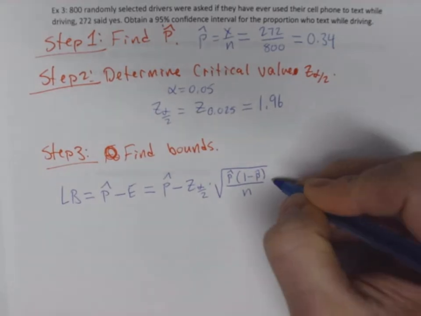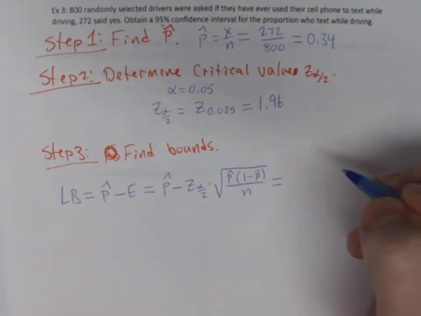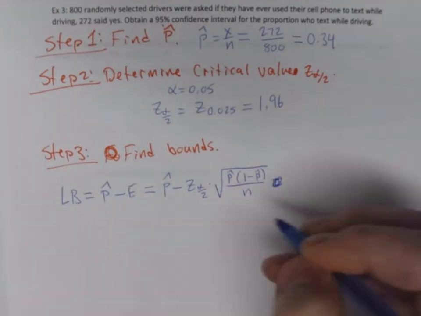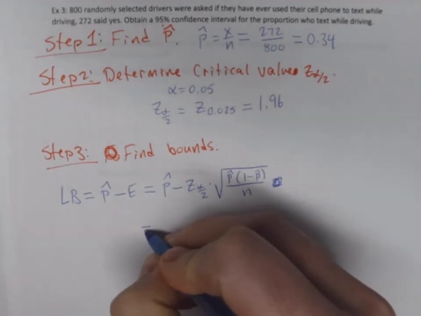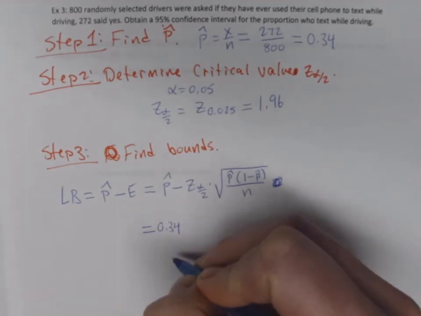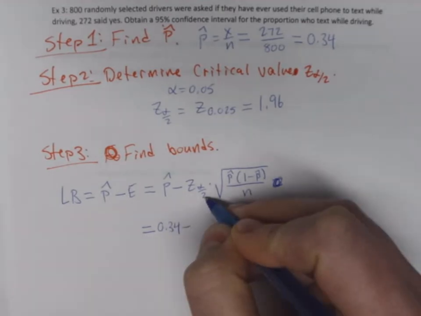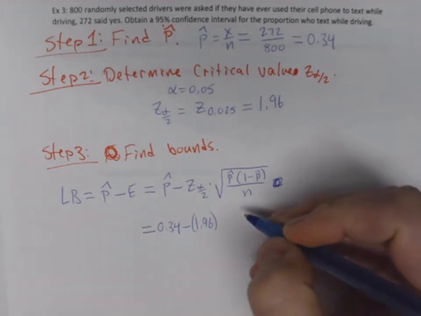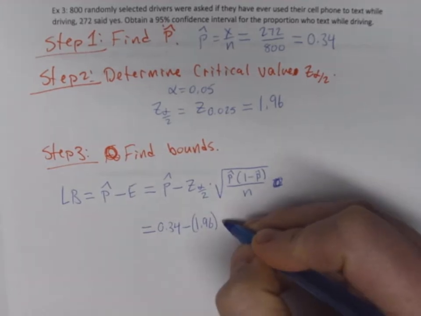And now it's plugging in everything that we know. It may be easier to go down instead of over, so that way you don't miss something. So p hat is 0.34. We found that in step 1. Minus Z alpha over 2, which is 1.96. We found that in step 2. We can put that in parentheses if you like, just to show that we're multiplying.